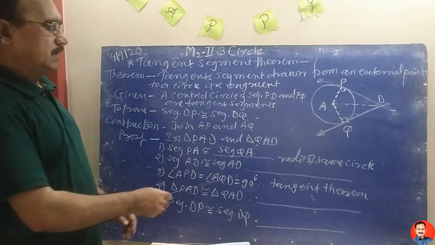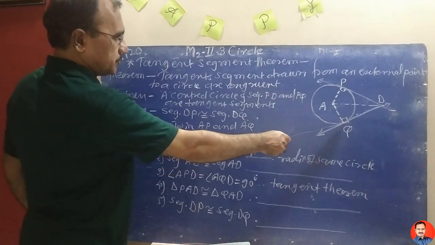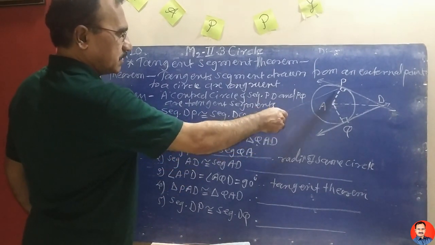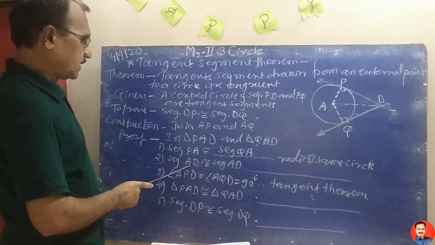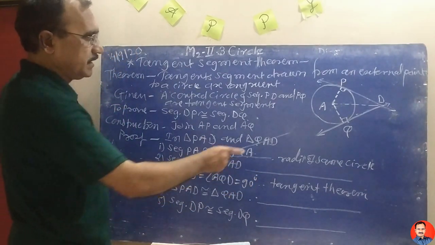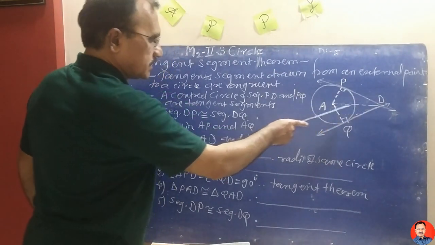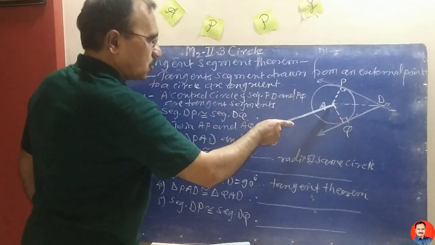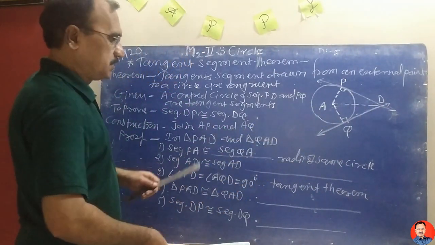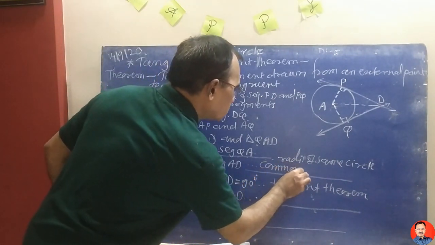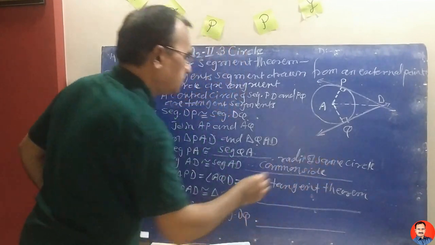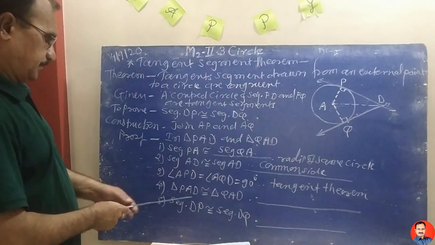What do we have to write here? Segment QA, because QA and PA are radii of the same circle, and this reason is already given here. Then segment AD is congruent to segment AD. This is the hypotenuse. What is the reason? Common side. We have to write only the reason here.